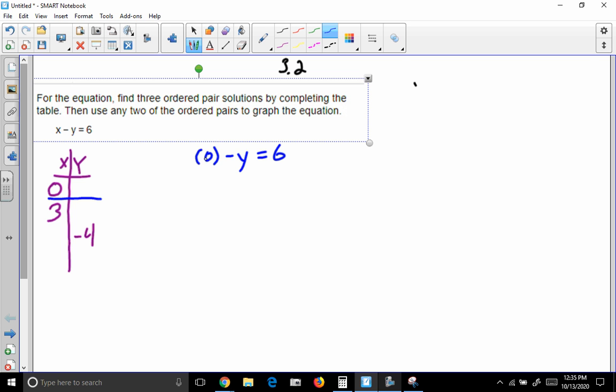Well, notice that 0 minus y is just minus y. Just like anything plus 0 is that number, anything minus 0 is that number. Well, if we have 0 minus a number, our answer is just minus that number. So 0 minus y is just minus y.